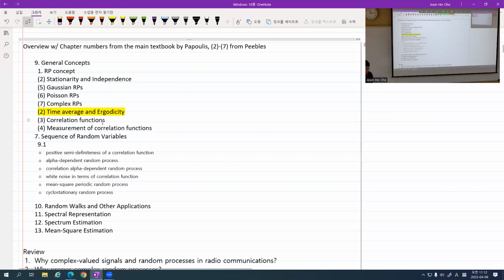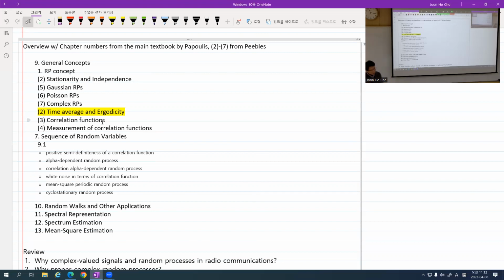Let's overview the entire course and find where we are. Here, this is the topic from today: time average and ergodicity. We have actually been very slow compared to other 574 courses in previous years. Probably you've heard from your seniors in your lab that other professors, and even me, cover the topics very fast.